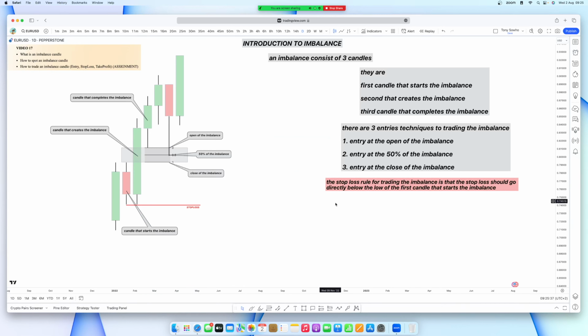And now where should your TP be? Remember, I've taught you risk management. I told you you should always use a 3-to-1 reward to risk, right? So now if your stop loss is here, and let's say you decide to play 50% of this move, whatever the pips are from your entry to the stop loss, let's say maybe 30 pips, your TP is going to be 3 times that.